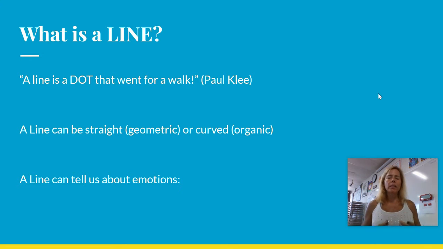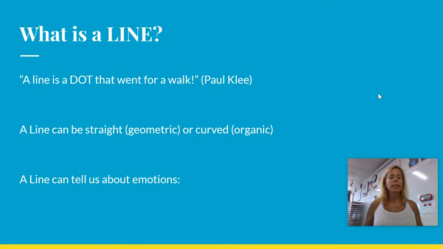One of the basic elements to use in any art creation is line. And I really enjoyed the definition that Paul Klee, famous artist, gave for line: it's a dot that went for a walk, which makes so much sense.